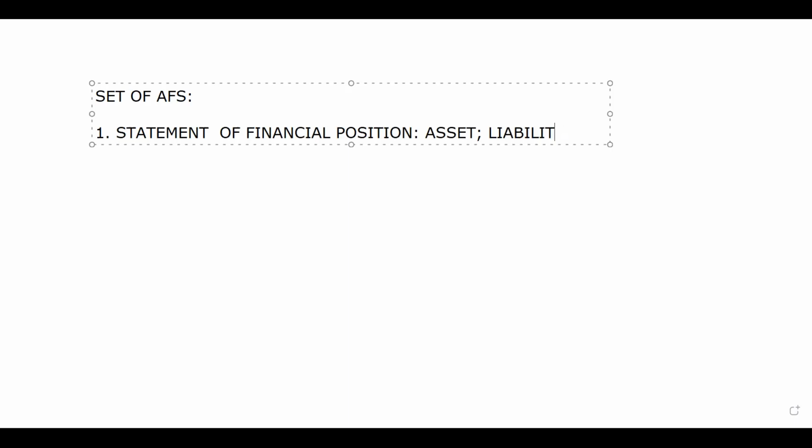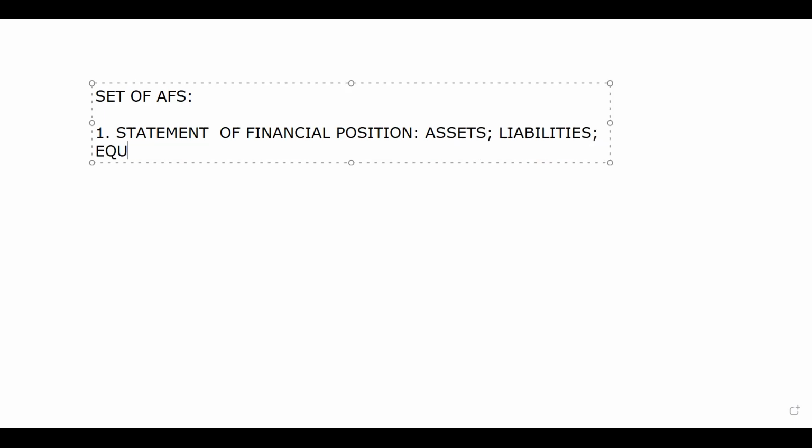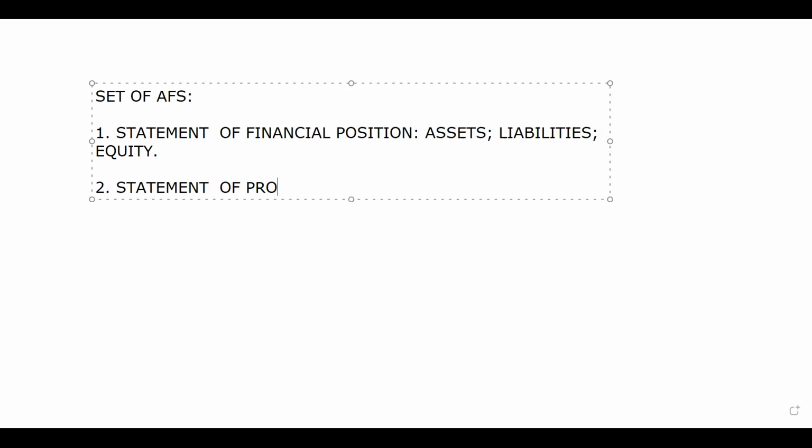Let me put it in plural so that it makes more sense. So we see assets, we see liabilities in the statement of financial position, and we also see equity items in this statement. Then the second financial statement is called the statement of what?